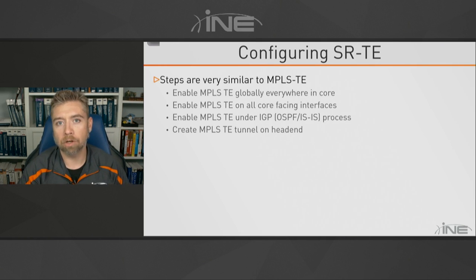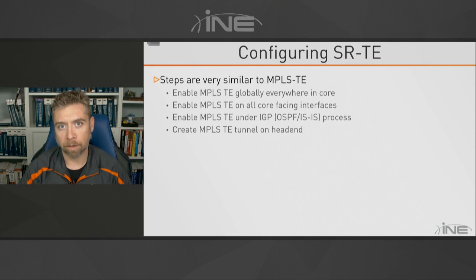The difference from the previous steps is that normally at the interface level, in addition to turning MPLS traffic engineering tunnels on, you would also have to say IP RSVP bandwidth. Or in the case of IOS XR, you would have the MPLS traffic engineering config and the RSVP config, and they would be on a one-to-one basis with each other because every interface running TE needed RSVP to do the signaling.